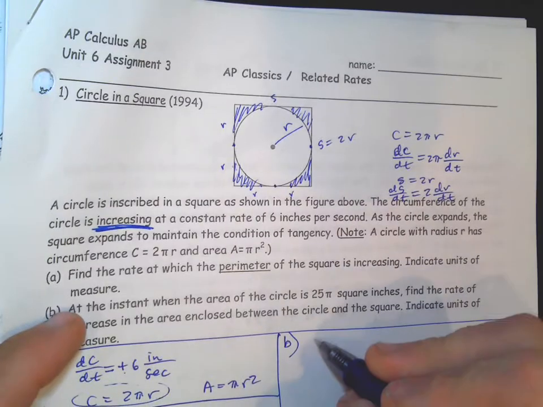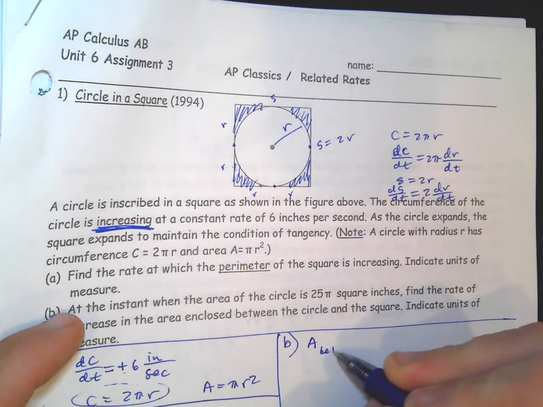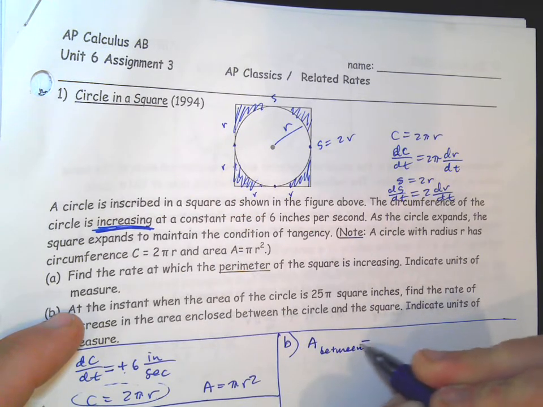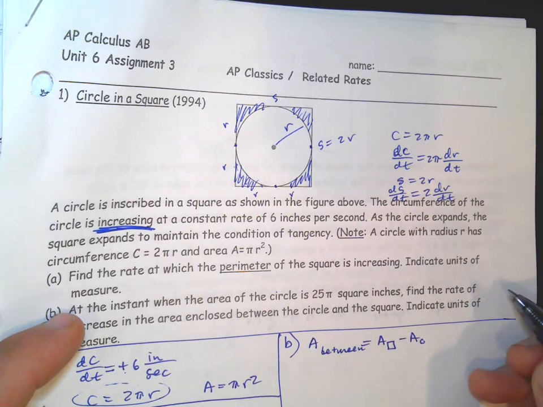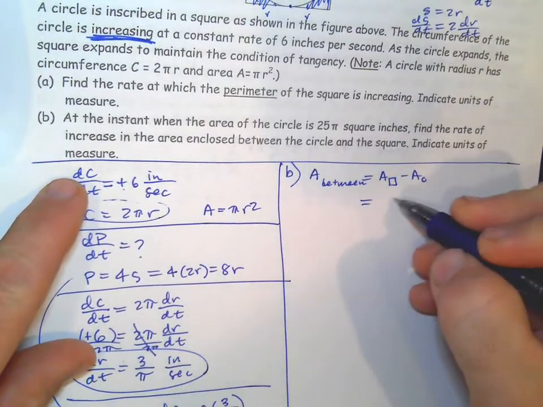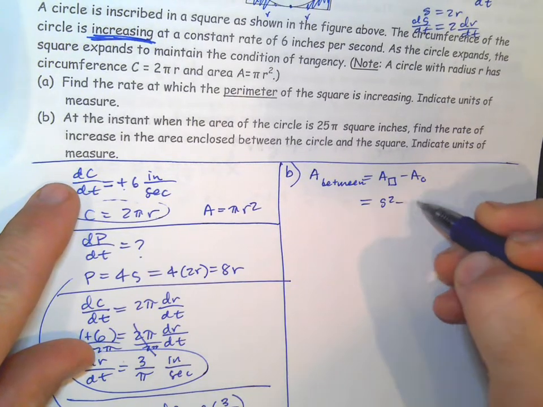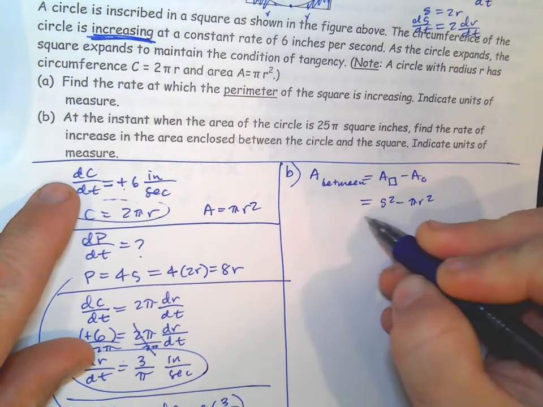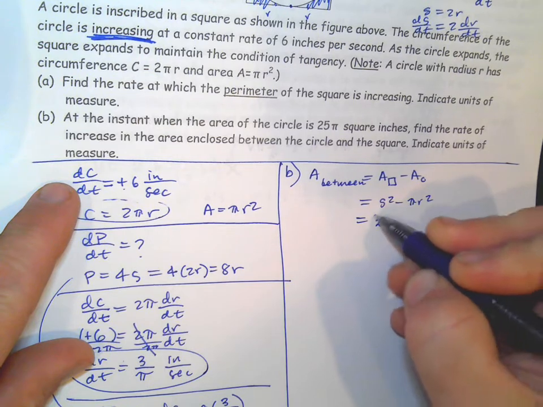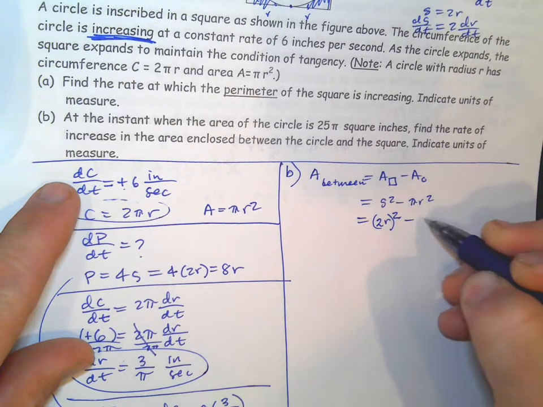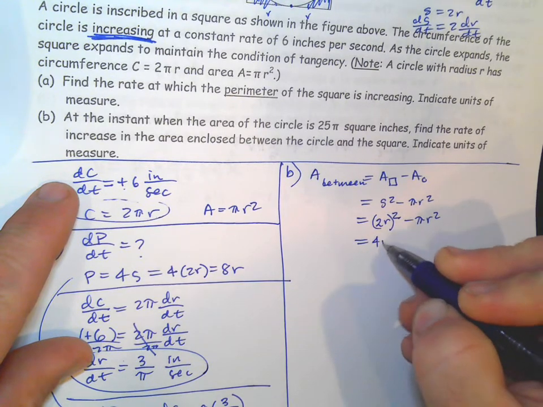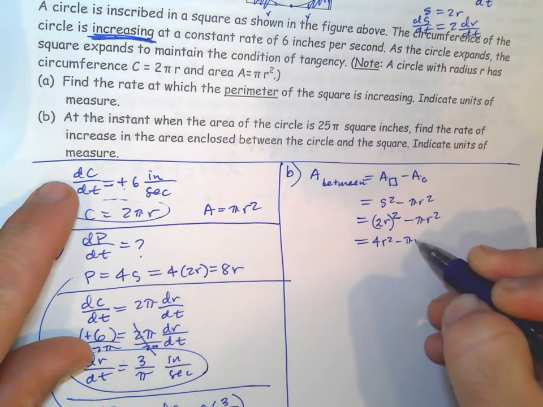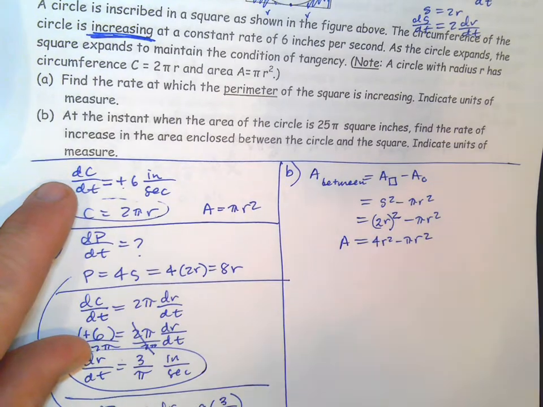So the area between the circle and the square would be the area of the square minus the area of the circle, right? And that would be side squared minus pi r squared. And the sides, we already said we could treat as 2r each, so we get everything in terms of one variable. And so we get 4r squared minus pi r squared. So this is the area that we're trying to talk about.